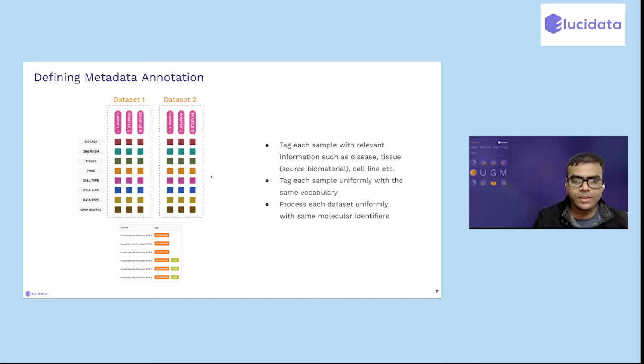The uniformness of colors here indicates that we are using the same vocabulary for all of these tags. So it's as simple as that, tagging different samples, and we'll also check other kinds of tagging for unstructured data. But this is what we mean by metadata annotation. And we'll see how this metadata annotation enables us to unlock value of data, which is far greater than what is currently available on different public sources as well as proprietary sources with different organizations.